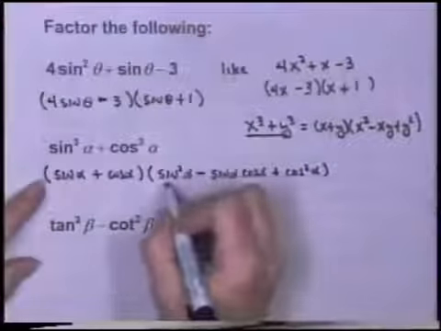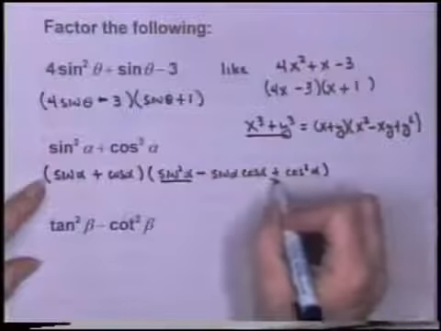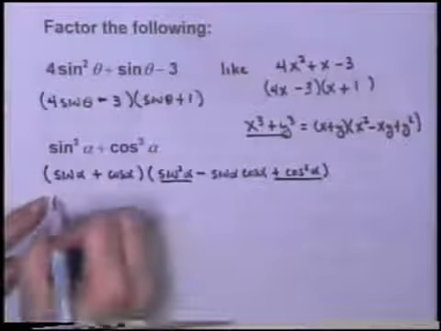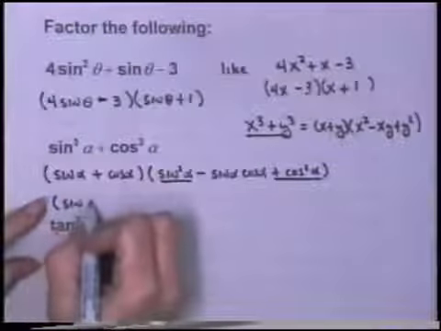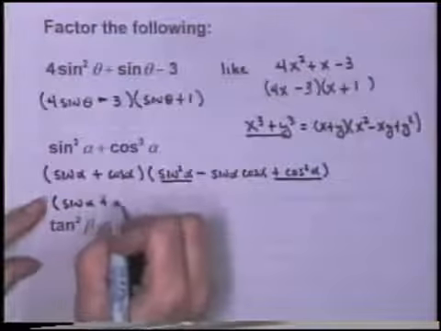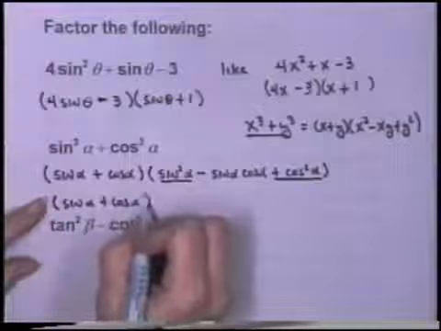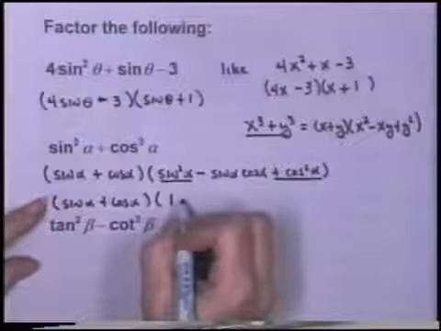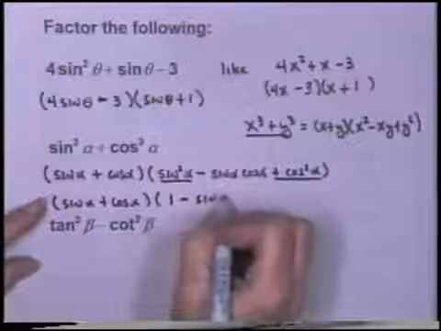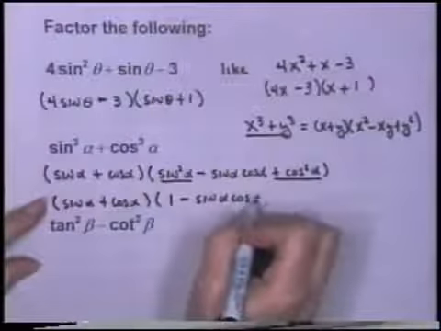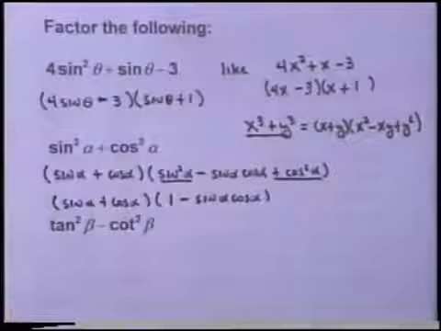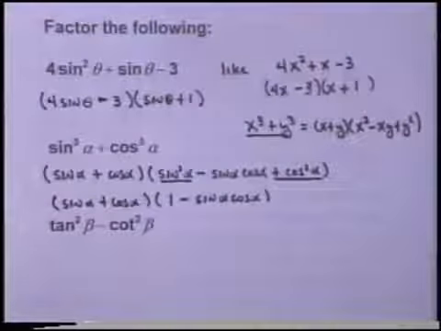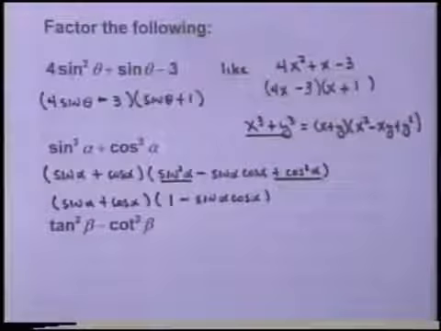Now we have this thing factored, but I want to notice something right here. See that sine squared plus cosine squared? What can I do? I can change that, can't I? What does that give us? We're going to have 1. Sine squared alpha plus cosine squared alpha is 1. So I'm going to simplify this second factor. And I have sine alpha plus cosine alpha times 1 minus sine alpha times cosine alpha.